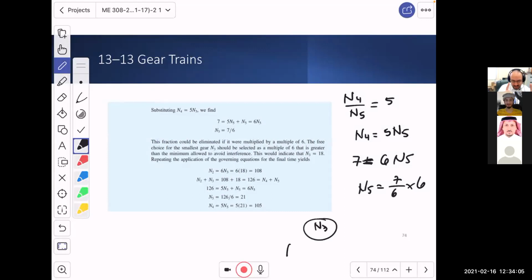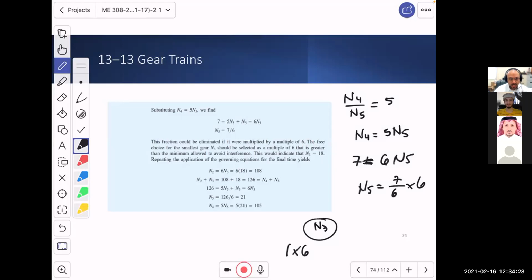Now, remember, 6 is small, okay? And 6 is below 16, which means I will not avoid interference. So what is the multiple? The nearest multiple of 6 which is above 16. It must be above 16.